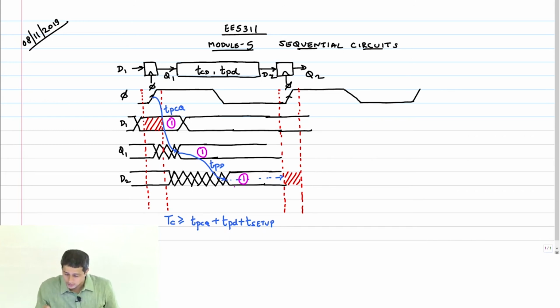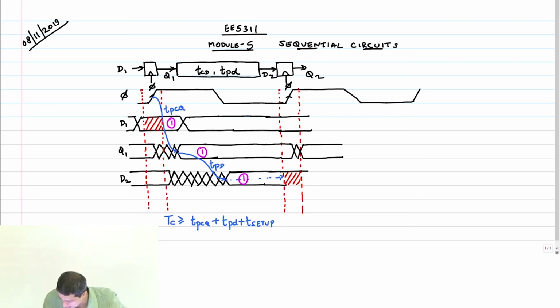Now you look at D1 on the next sampling edge, right? The moment the clock goes high, Q1 will start changing, right? And remember, it need not wait. The moment Q1 starts changing, I told you that D2 also can start changing.